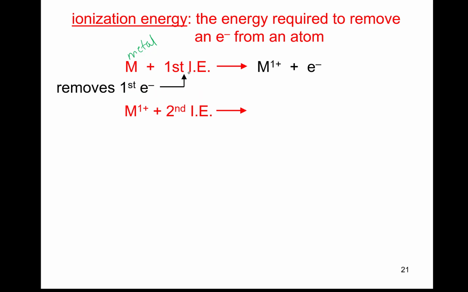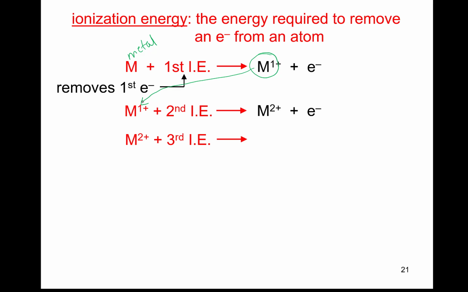Well, sometimes you're going to want to remove, or sometimes it's going to be easy to remove, a second electron. So if we take our cation, bring it down here, and let's say we have enough energy to remove a second electron. So the second ionization energy is how much energy it takes to remove a second electron. We end up with a metal with a +2 charge and yet another electron.